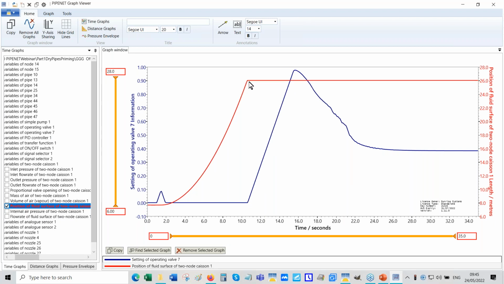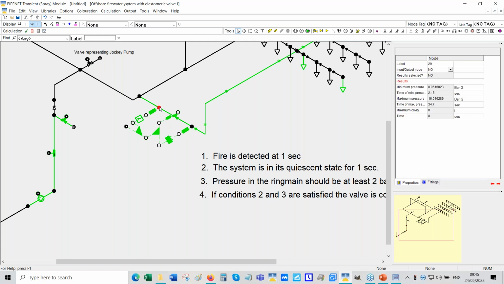Very shortly afterwards, the valve starts to close, it is open, because the pressure here goes above the required pressure minimum of 2 bar once the fire pump actually repressurizes the fire water system, ring main.